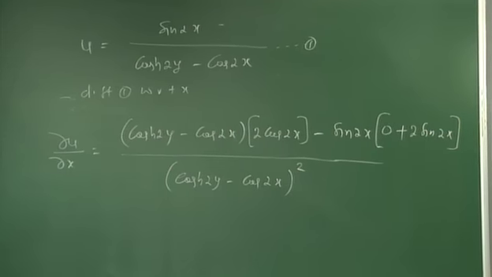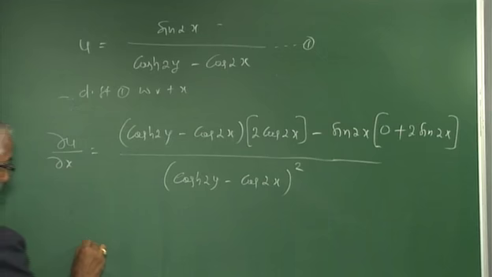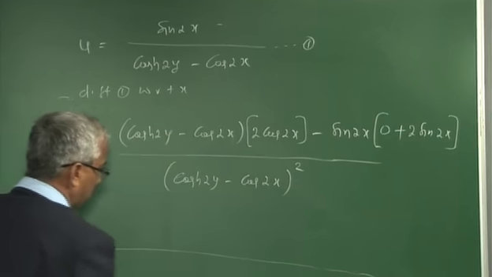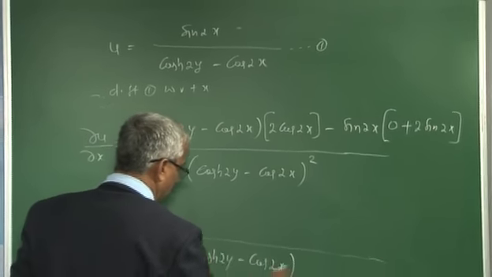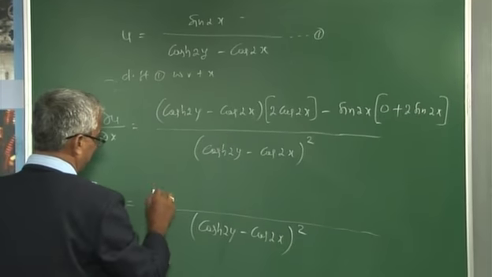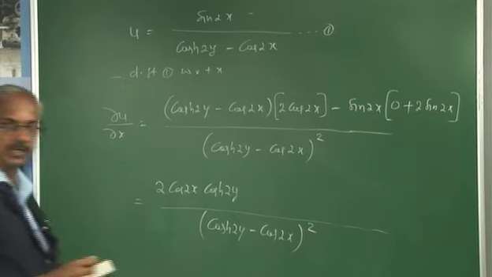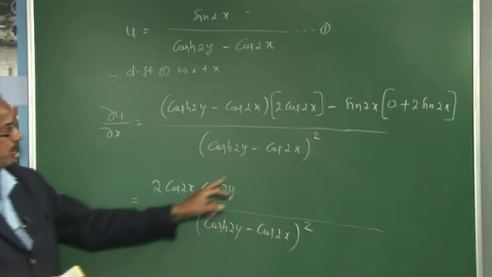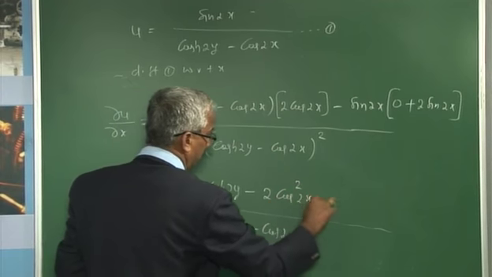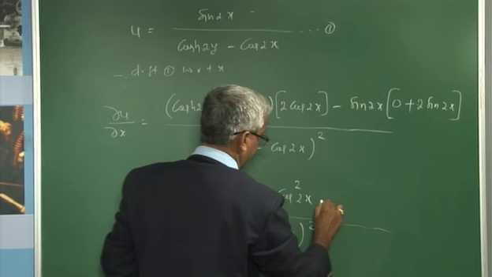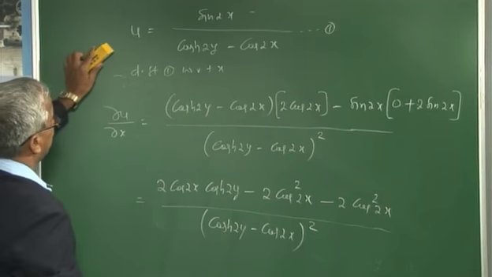Then I simplify: 2 cos 2x cosh 2y minus 2 cos squared 2x, minus 2 sin squared 2x.